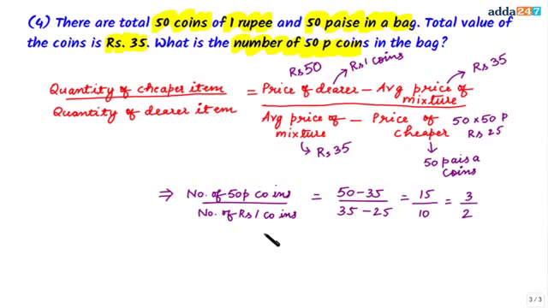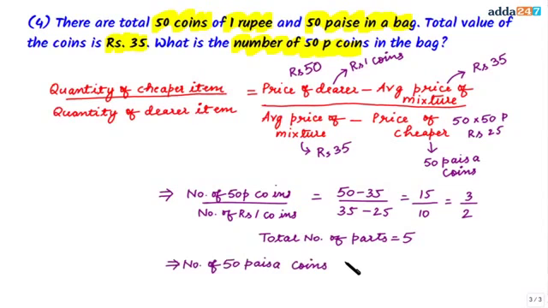So if we consider that total number of parts is equal to 5, then 3 parts are 50 paisa coins and 2 parts are 1 rupee coins. So that means number of 50 paisa coins will be 3 by 5 of the total number of coins, that was 50. So this gives 30.